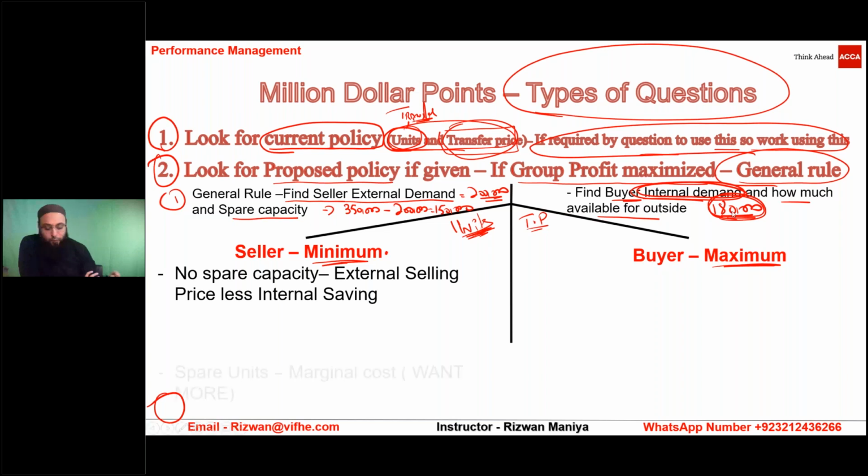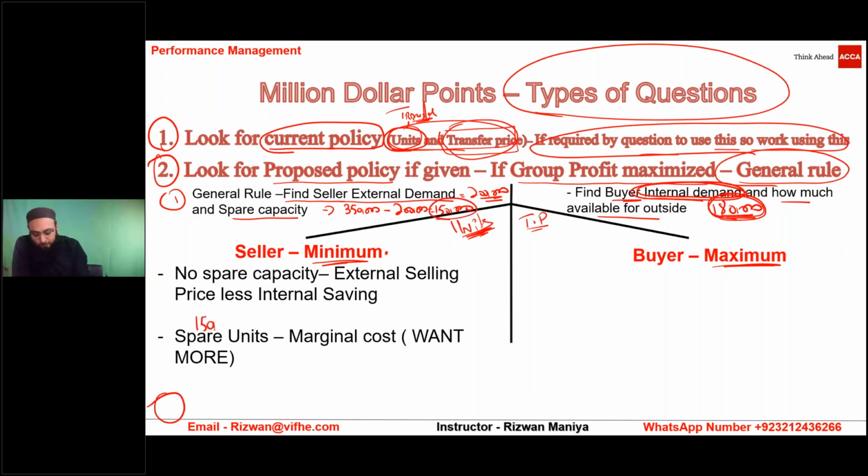So the seller will first say, I have 150,000 spare units. So what I can do is fulfill this internal demand of 180,000, which I'm not doing right now. Don't look at the current policy, forget it. I can fulfill this 180,000 internal demand through my spare units of 150,000.